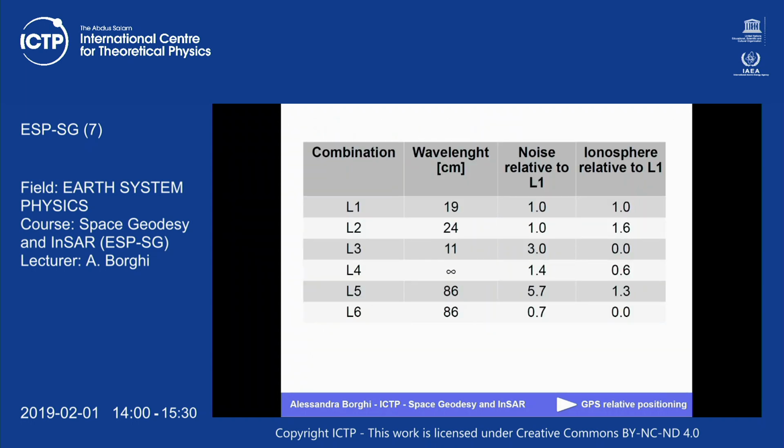And this is a plot about the noise that we are going to introduce. If you consider the L1 observation and we use its noise as a reference noise, we see that with the iono-free combination we increase the noise in our data by 3.